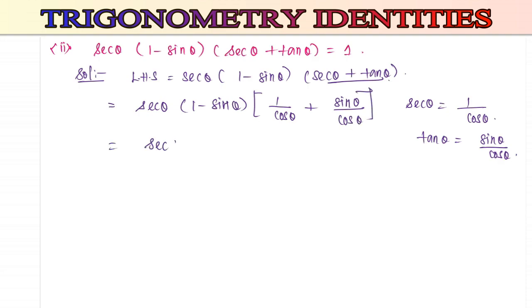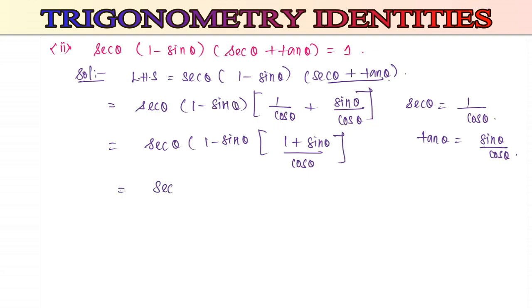Secant theta into 1 minus sin theta, and here the denominators are same, cos theta, only once I am going to write cos theta, and here you have 1 plus sin theta.